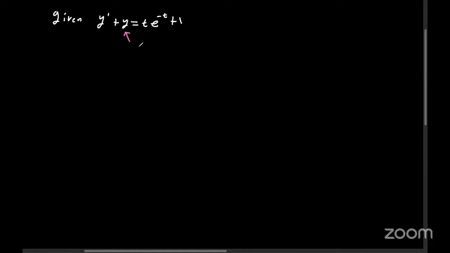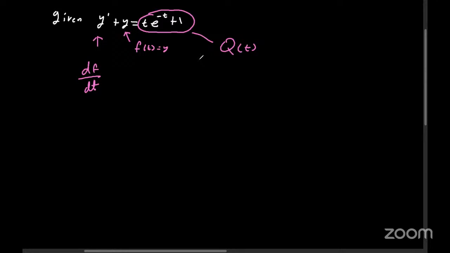So this is some f of t, which we call y, and this is some df dt. Okay, this is the first derivative. And then this guy is some completely other function. We'll end up calling it q of t, but just think about it as another function.